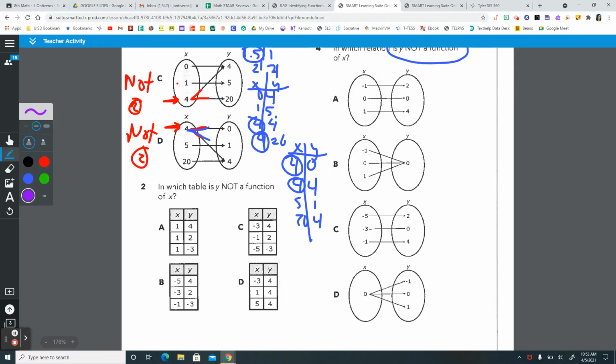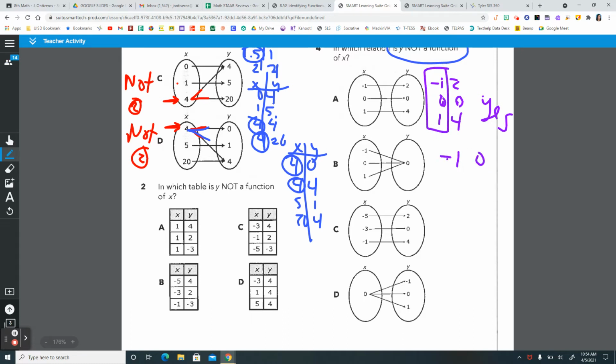So here you have 1 and 2, 0 and 0, 1 and 4. Negative 1 and 2, 0 and 0, and 1 and 4. This is a function because none of them are repeating. Negative 1 with a 0, 0 with a 0, and 1 with a 0. Look at your x's, they're not repeating, so that is a function.